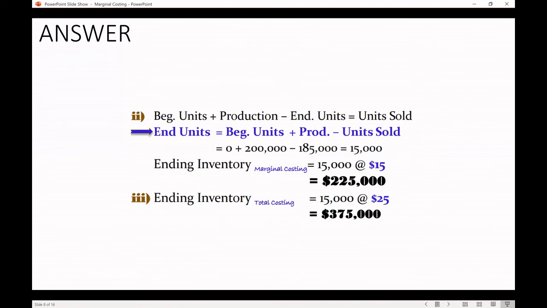For total costing, it's the same 15,000 units left. However, this time we multiply by 25, because total costing per unit is the variable portion and the fixed portion. So our ending inventory valued using total cost is 375,000. Comparing, the value of our ending inventory is far greater using total costing than marginal costing.